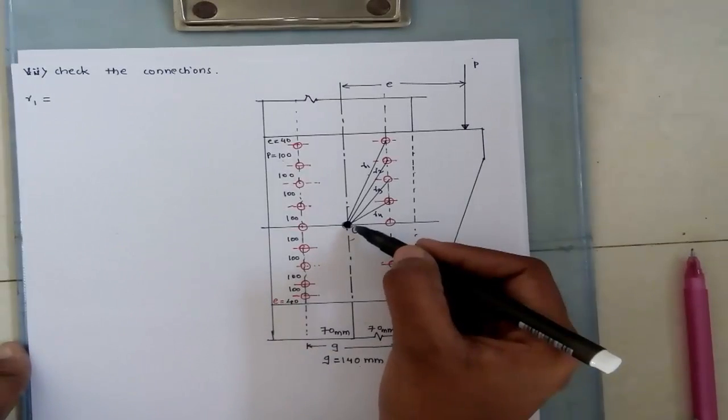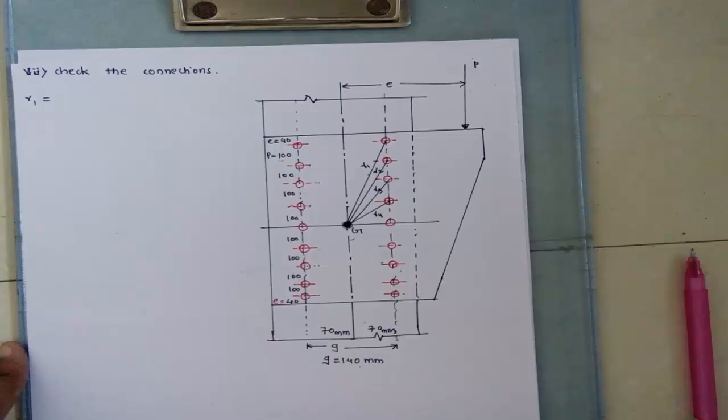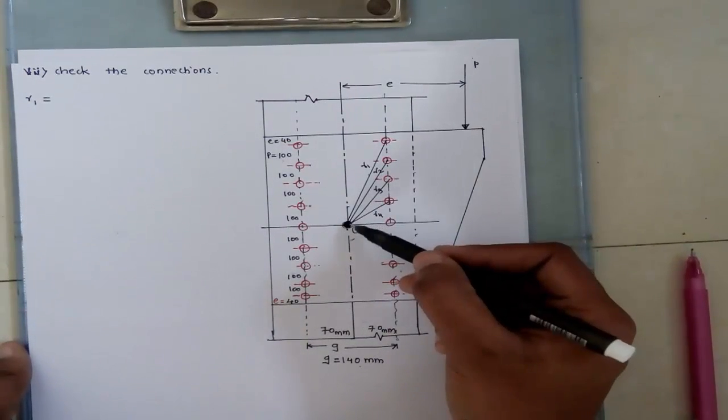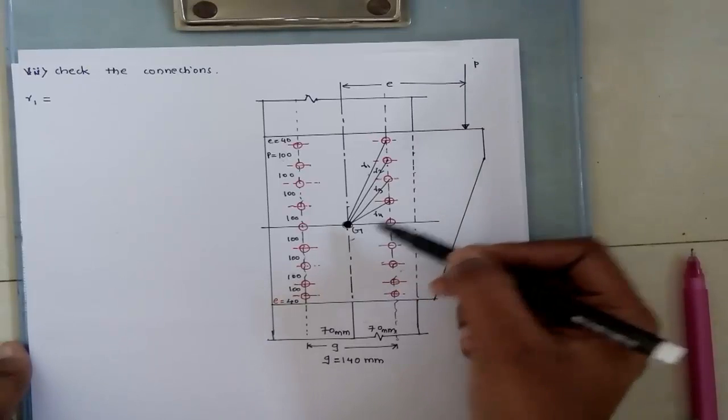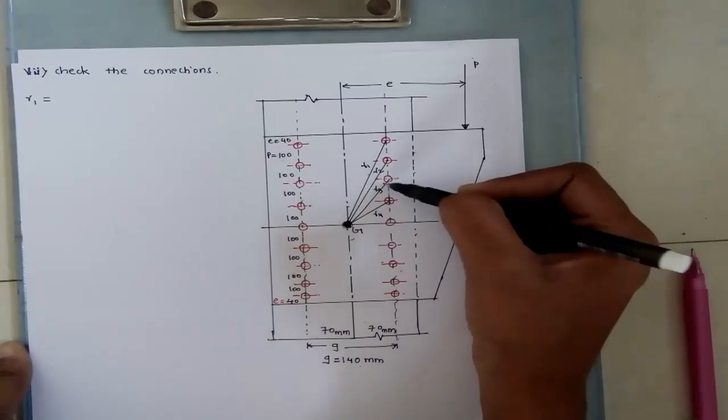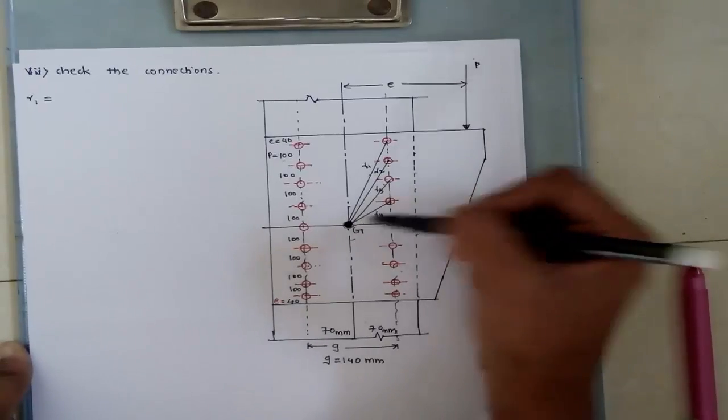G denotes the center of gravity. The distance from the center of gravity G to the bolts is r1, and this is r2, this is r3, and this is r4.